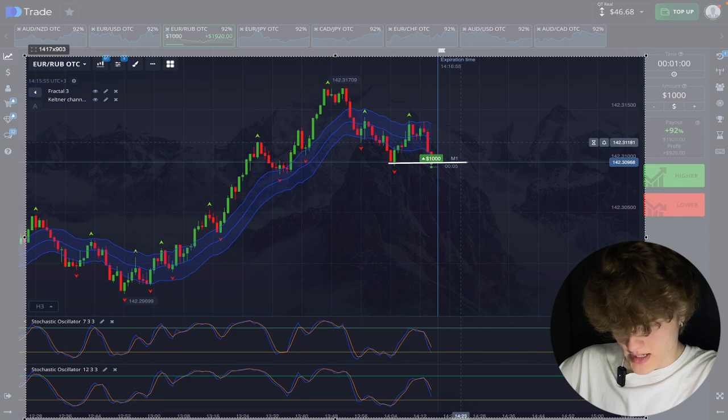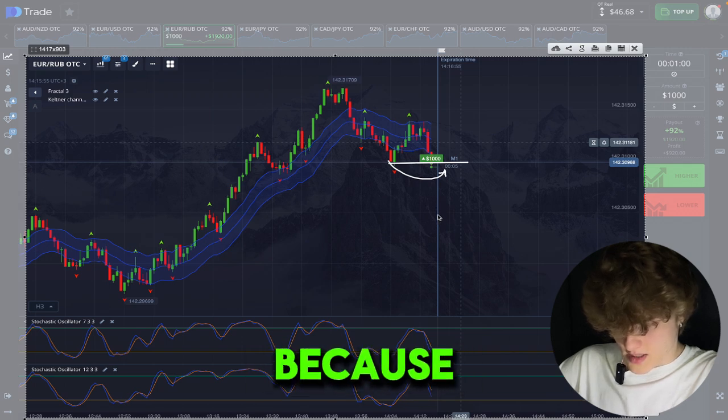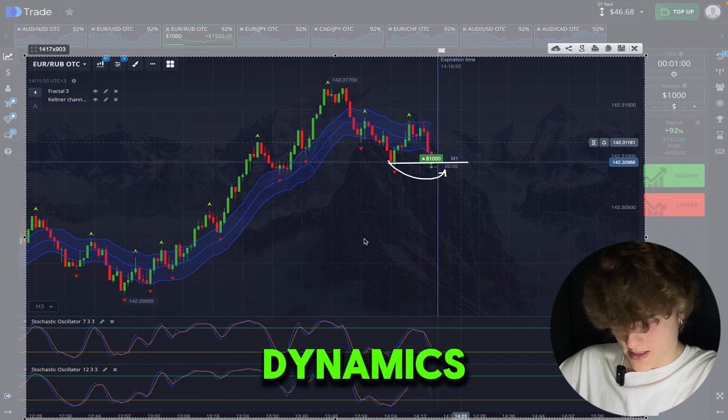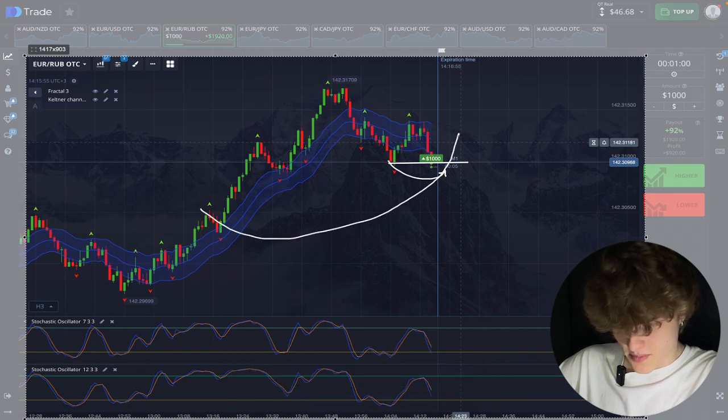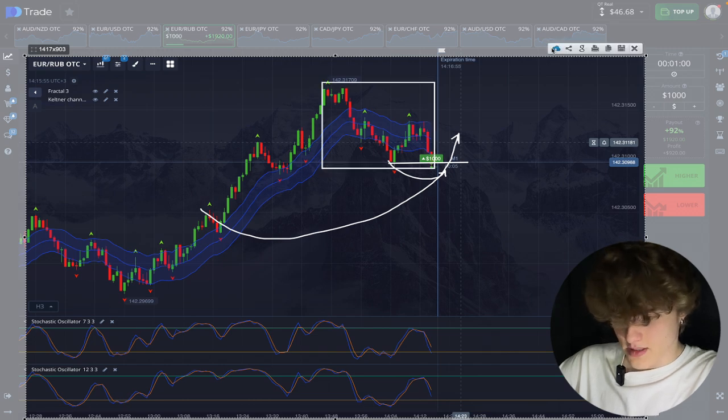And here such a strong exit didn't happen as in the previous trade. The movement didn't go too low in the outer part of the channel indicator, because here I have very good upward dynamics. This price pullback, in general, I think everything's clear. Let's see the results.